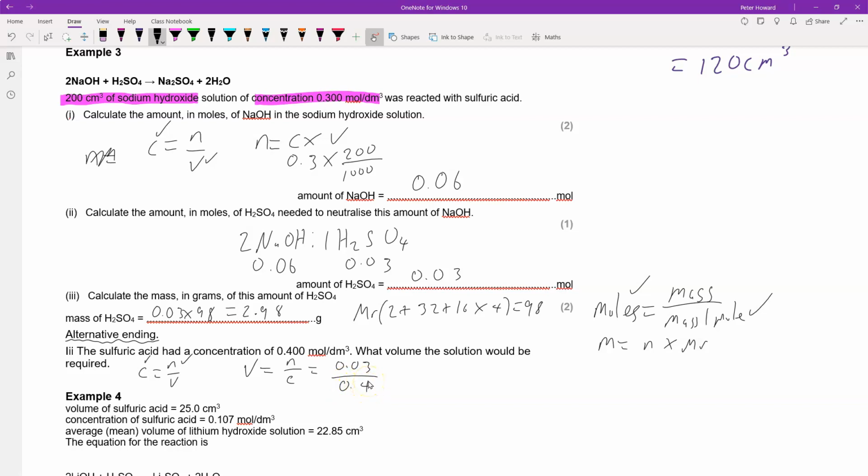So 0.03 divided by 0.4. That gives an answer in decimeters cubed, which is equal to 0.075 dm cubed. So if we want to write it in centimeters cubed, we multiply that by 1,000, giving us 75 cm cubed.